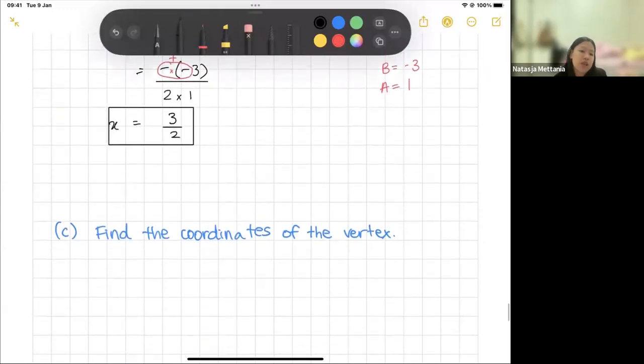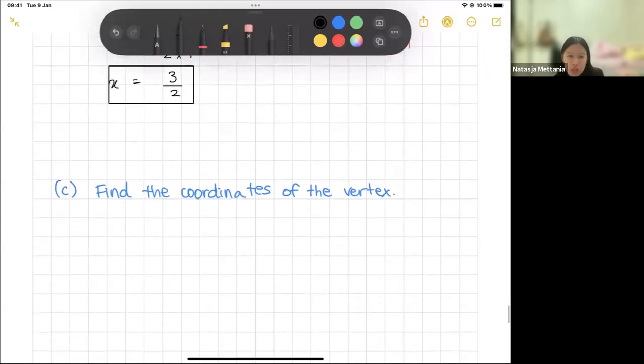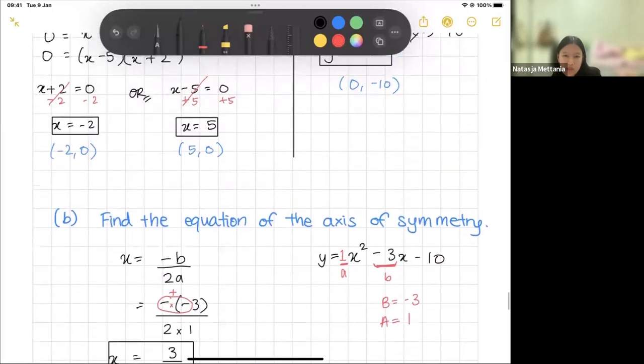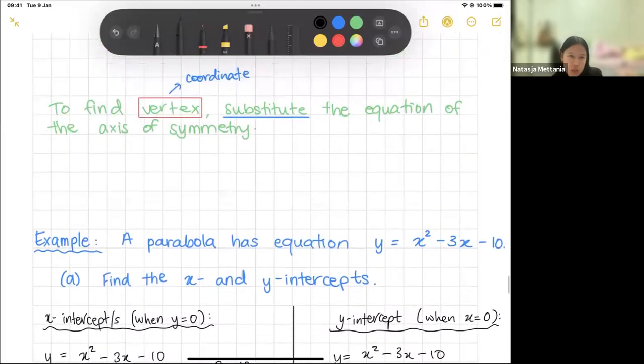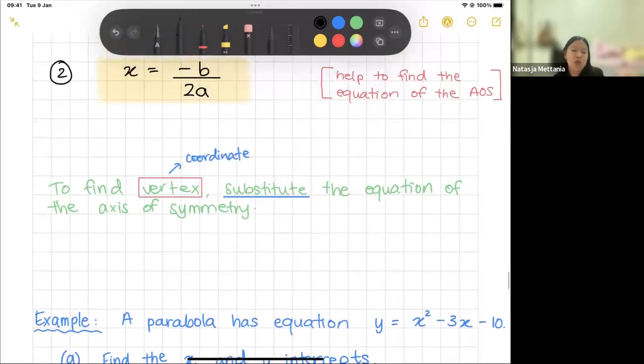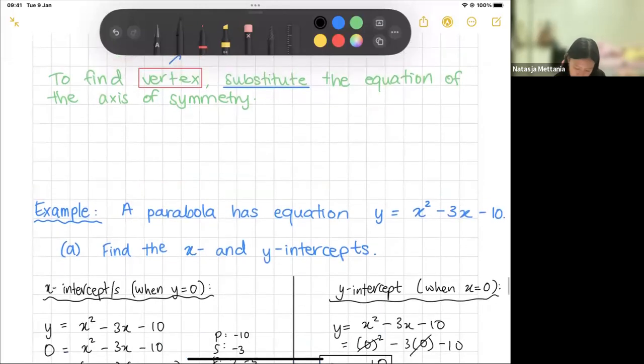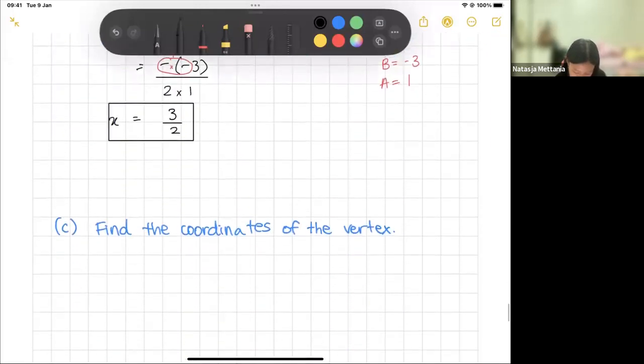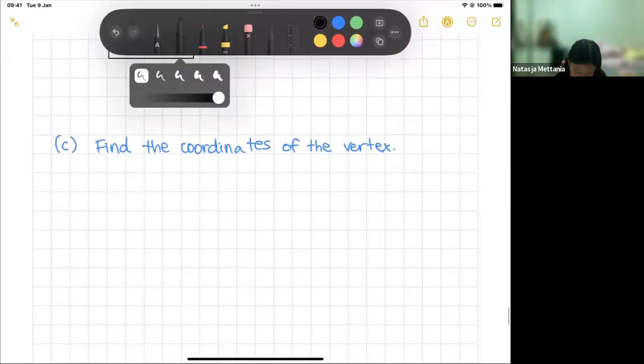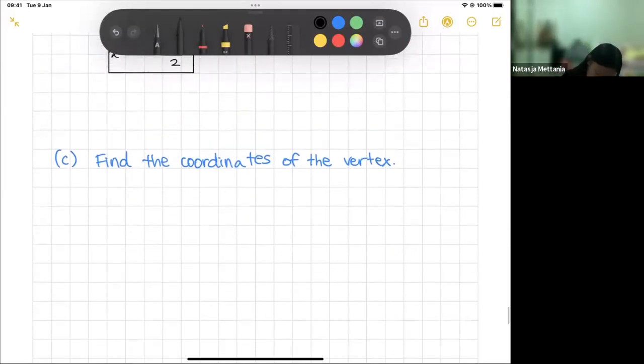Now, let's figure out the coordinates of the vertex. Let's look at our notes. Our notes say to find the coordinates of the vertex, substitute the equation of the AOS into the formula. So what we're going to do is write it down.